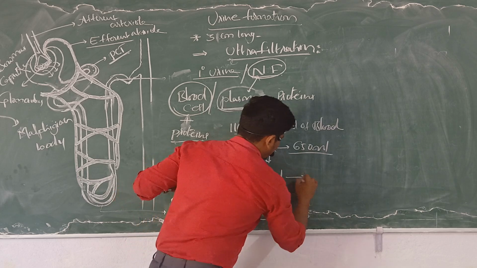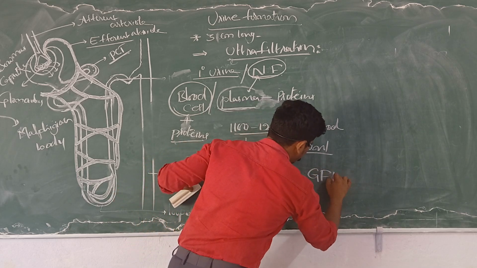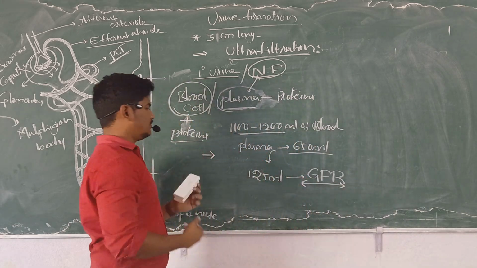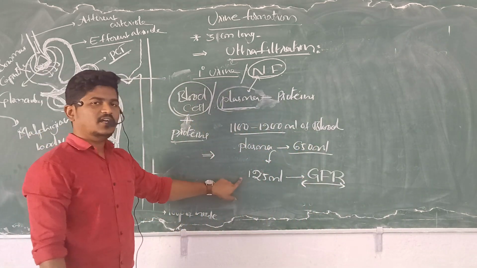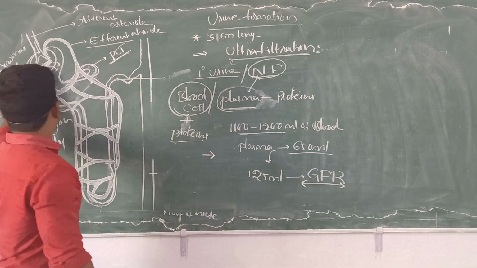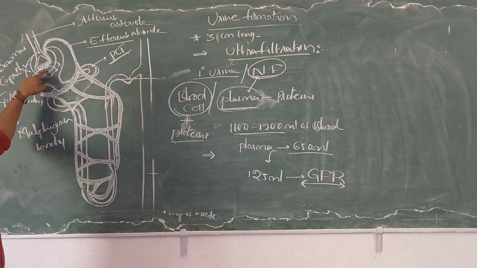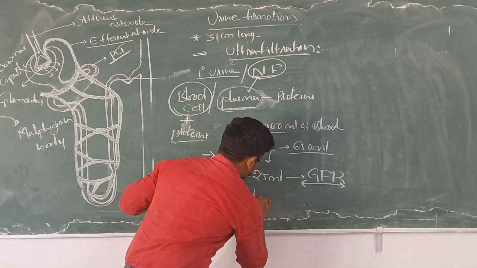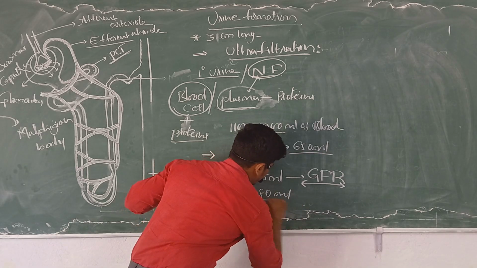This is what we call the glomerular filtration rate, GFR. This glomerular filtration rate is 125 ml. It is the amount of nephric filtrate formed per minute. Per day, it is 180 liters.